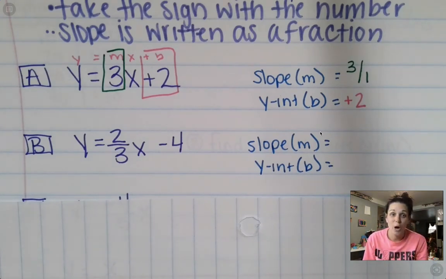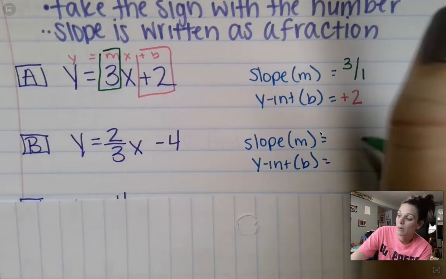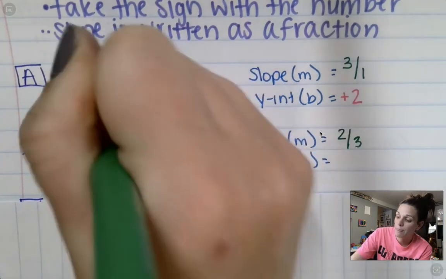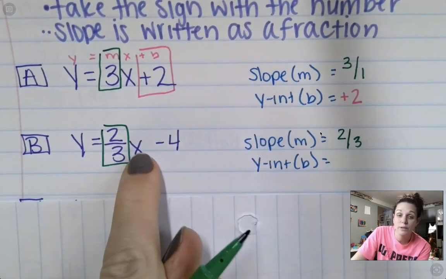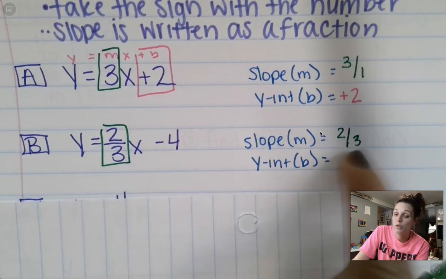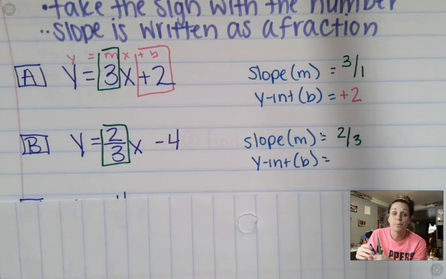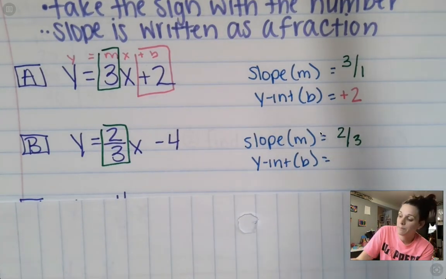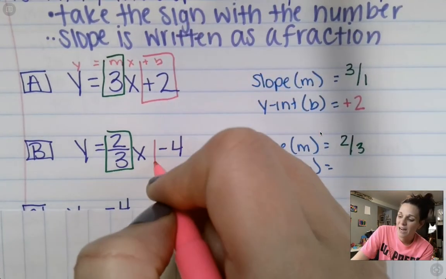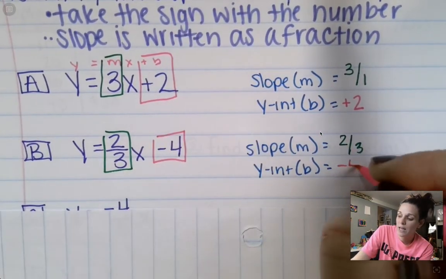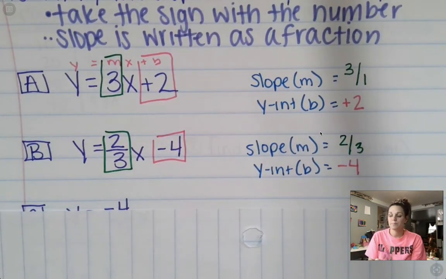What would be my slope? Remember, slope is in front of the x. So in this case, the slope would have to be 2/3, because it's in front of the x. We don't include the x. X is input. I would just want the value of the slope. What would then the y-intercept be? The y-intercept would be the -4. Okay.